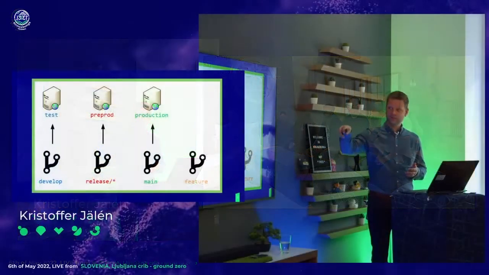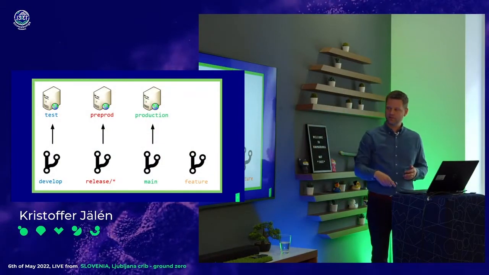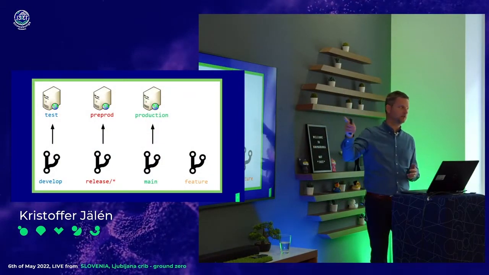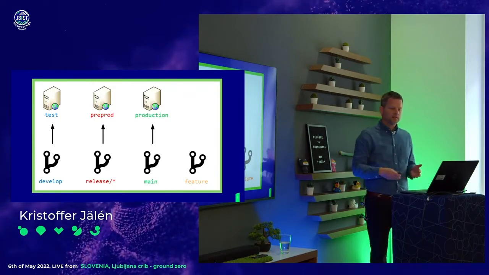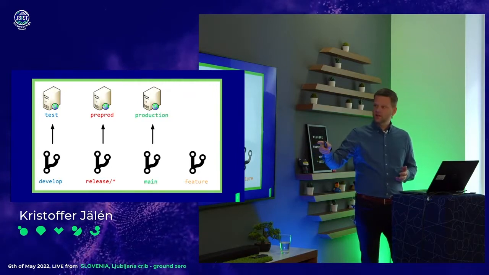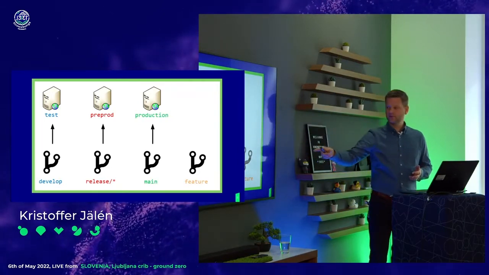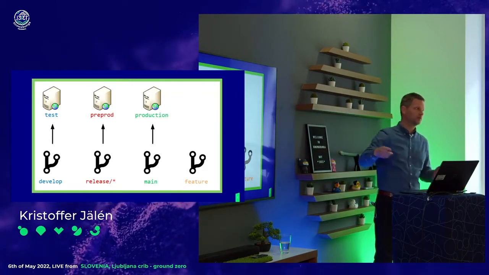So the main branch deploys to production, and the release branches deploy to the pre-prod, it doesn't matter. But the feature branches, and this is supported, don't deploy at all. So when all the features were tested okay in the develop branch, then we merged develop to the main branch and went into production.